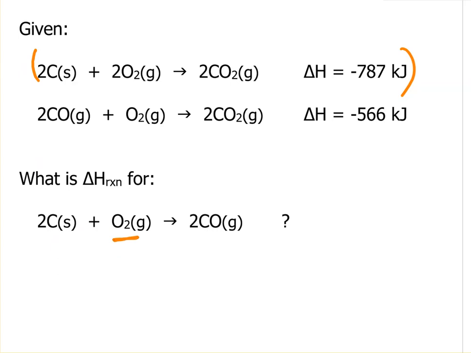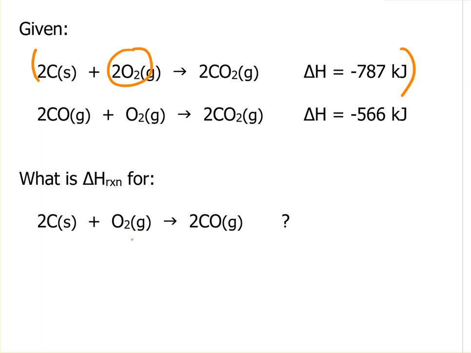Okay, now I'm going to go to oxygen. So I look for oxygen all up here, and I see oxygen in 2 places. Well, that's unfortunate. That makes it more complicated to decide what to do with the second equation, because I'm trying to decide, do I need to reverse it or multiply by a factor? And frankly, that would just make me think too hard. So I'm not going to use oxygen as a clue.